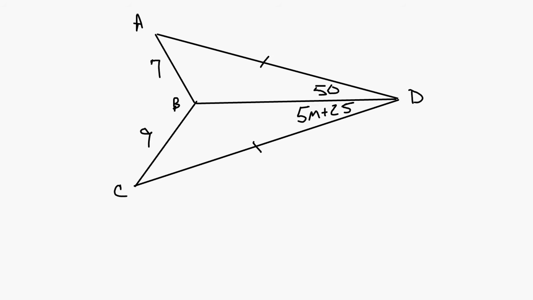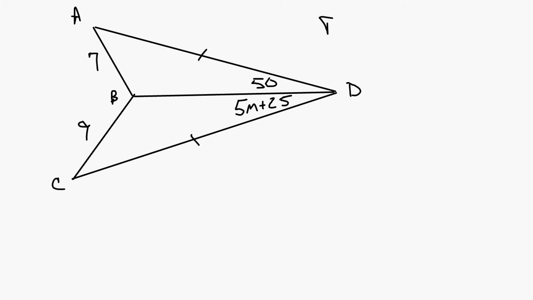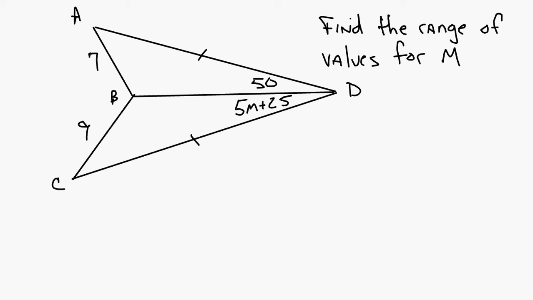All right, so you were given a diagram like the one on the wall, and you were asked to find the range of values for M. So again, you've got two triangles with two congruent sides.